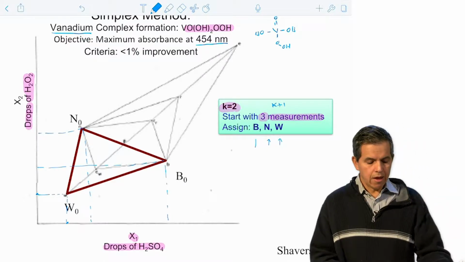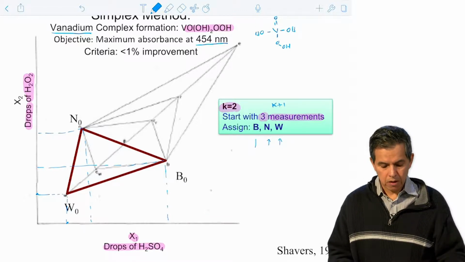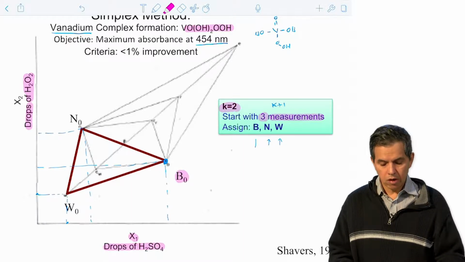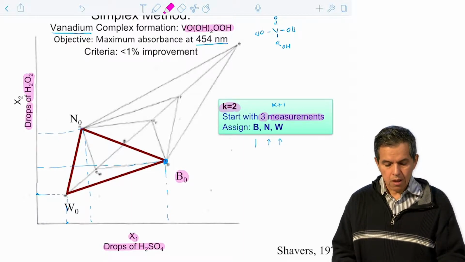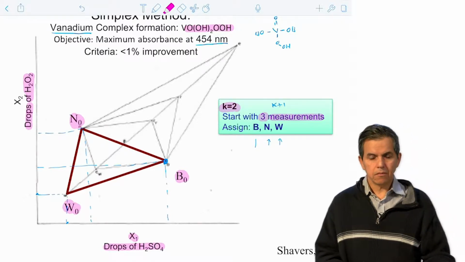And what we can see is that when we do measurements of absorbance, we will have the best response with this combination here. We're going to call this B0, or initial. The next to best response was obtained with this combination, and the worst response was obtained with this combination that we have here.